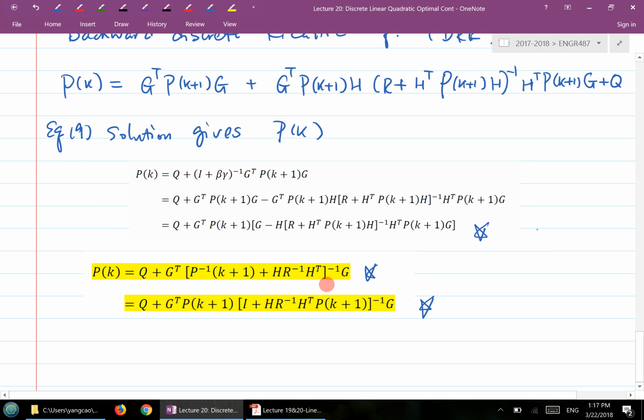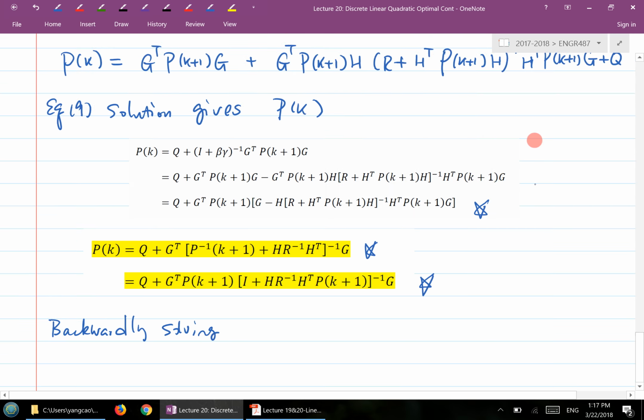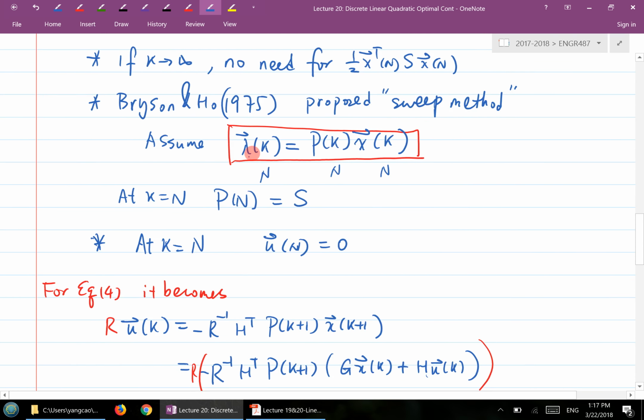So how do I solve for P of k then? Because it is backward, when you solve for it, you also have to solve it backwardly. Which means remember that sweep method, which I mentioned here.